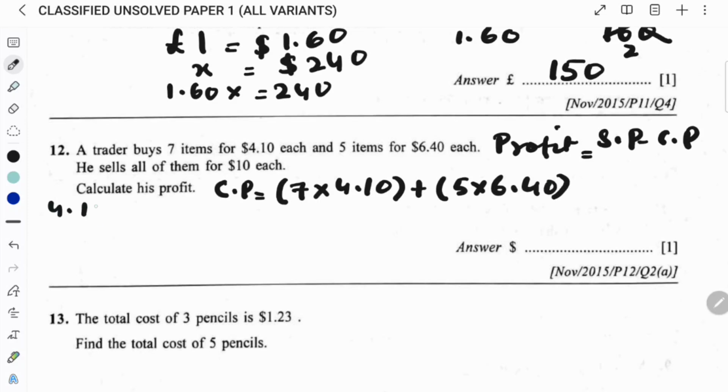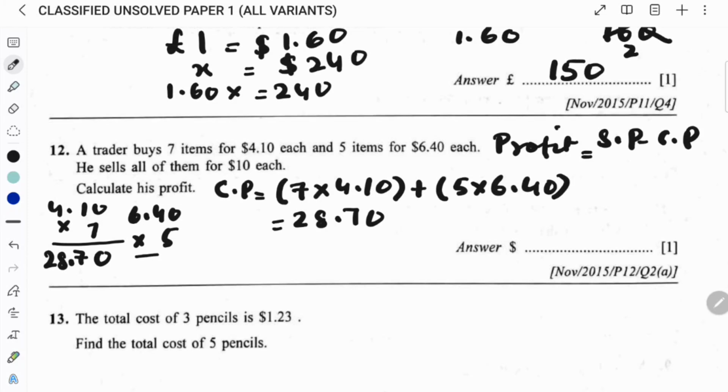So 4.10 times 7: 7 4s are 28, 2 decimal places, 28.70. 5 times 6.40: 5 times 0 is 0, 5 4s are 20, 5 6s are 30, 32. So that is 32.00.